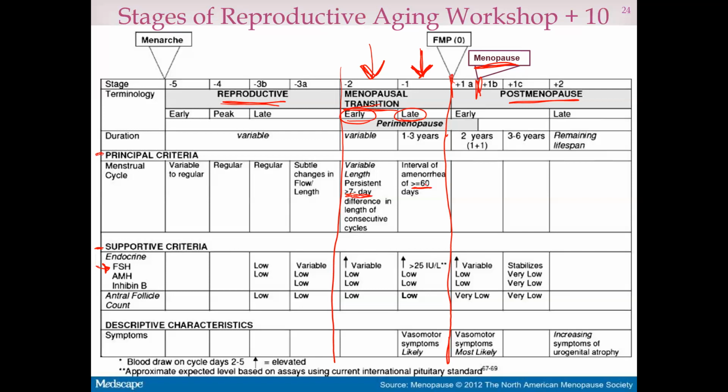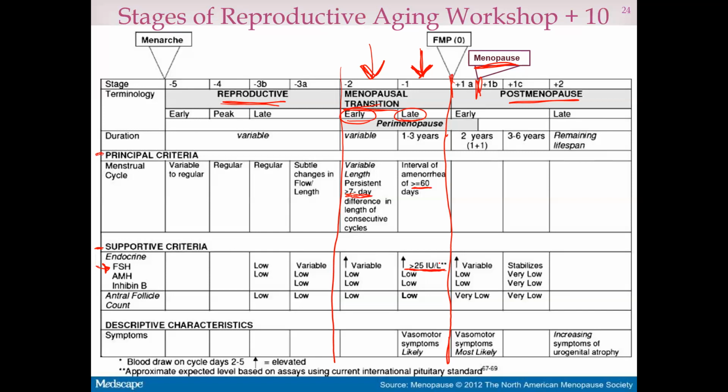So she could continue to have extended durations between her cycles, like let's say that she goes 180 days and she has another period, that's going to restart that final menstrual period countdown, right? So she could be amenorrheic for 60 days or longer, and that would still be called late menopausal transition. And if we look down here, we see FSH becomes diagnostic of late menopausal transition when an FSH level is above 25.